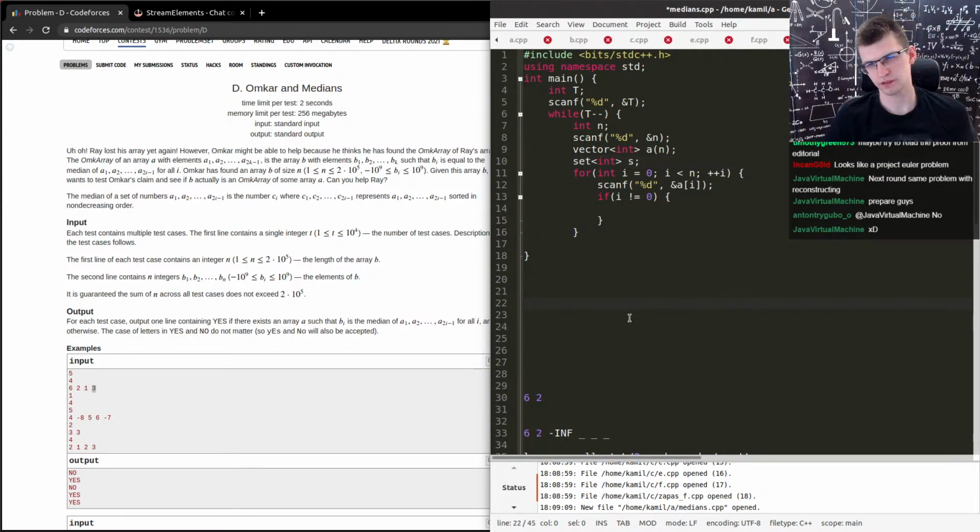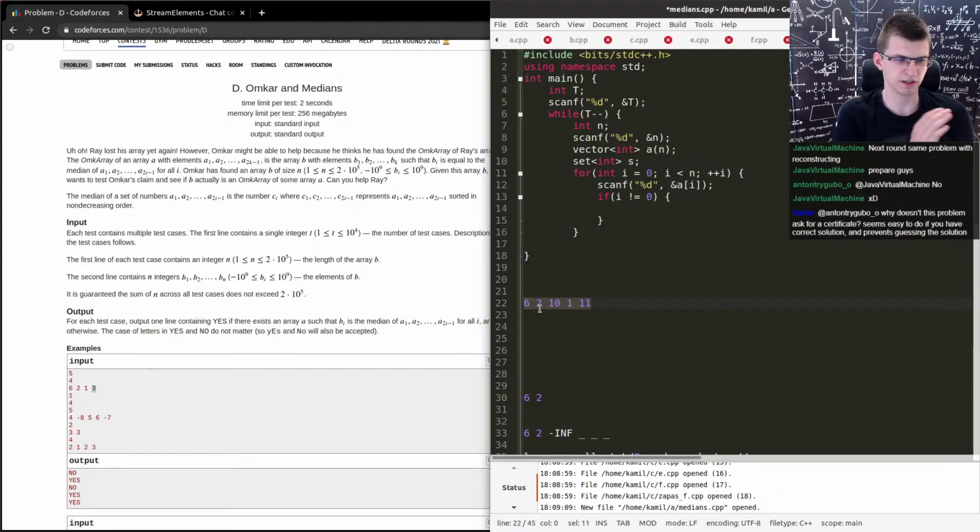Well, those repetitions in the input don't denote repetitions in the sequence. If multiple times I got median 6, maybe it was the same value 6, like this sequence, 6, 10, 1, 11. Always the median is 6 if we take a look at any prefix of odd length.